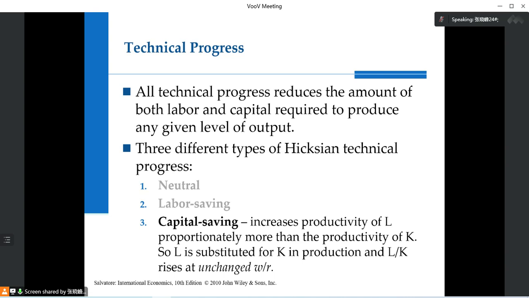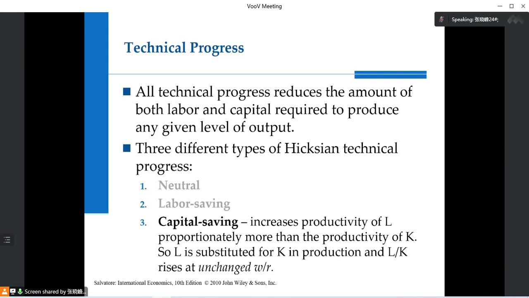Okay, the capital saving. The capital saving increases productivity of labor proportionally more than the productivity of the capital.